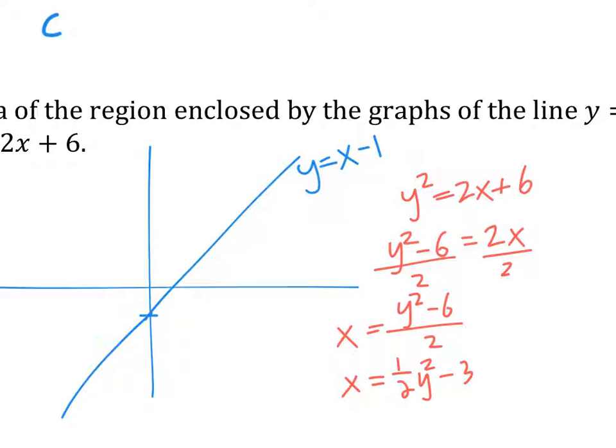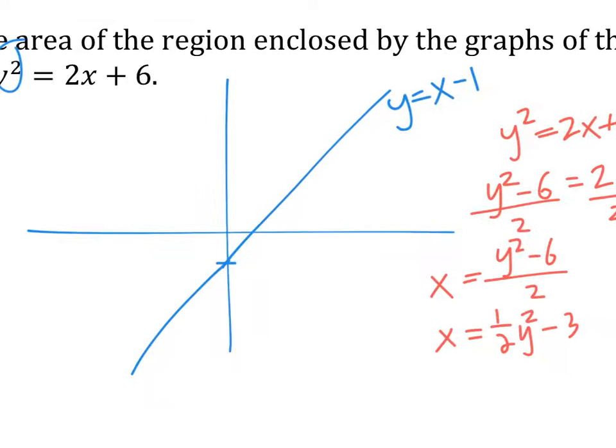If you still remember last year, we went through a whole chapter of conic sections and we did left and right parabolas. We had ellipses and circles and all that stuff. So that's what happens. Okay, so we're going left 3, and then this is going to go towards the right because it's positive. So it looks like that. I don't know where it intersects yet, but I know it's going to intersect somewhere. Okay, so we want to find this region.